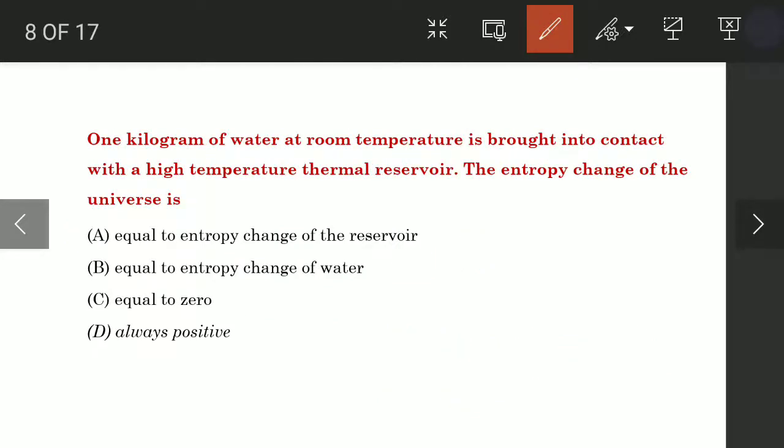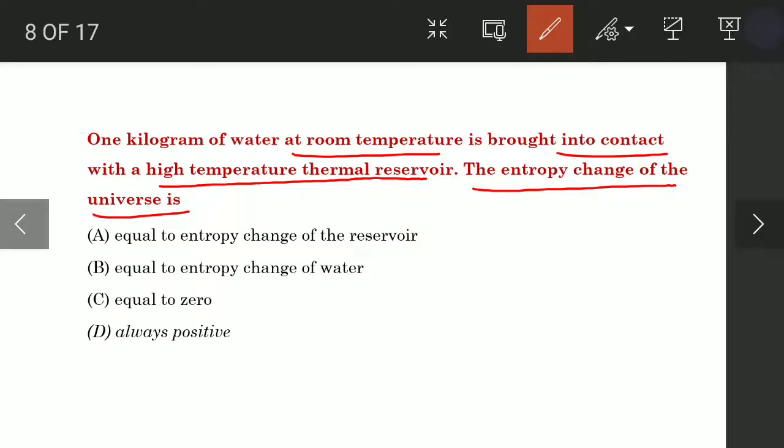Next question: 1 kilogram of water at room temperature is brought into contact with a high temperature thermal reservoir. The entropy change of the universe is? Here the change in entropy of the universe is equal to the change in entropy of water plus the change in entropy of the reservoir.